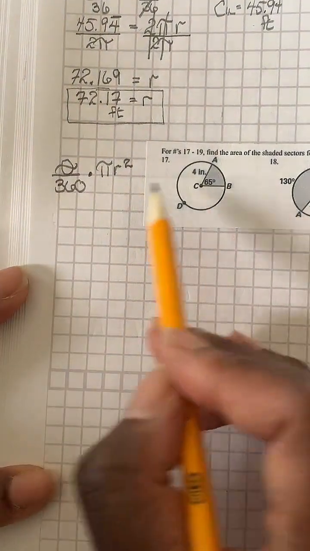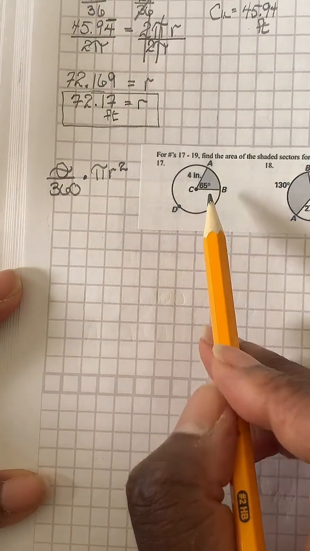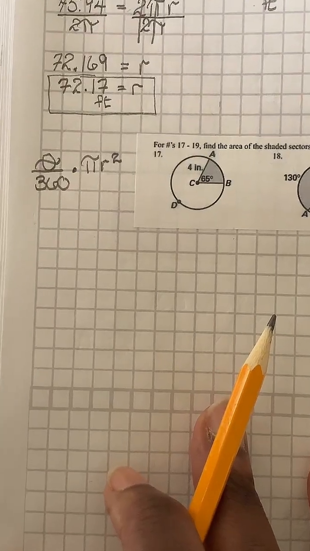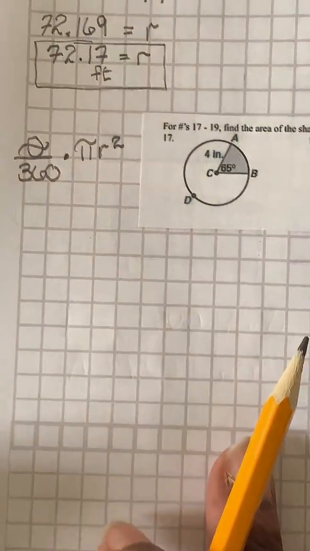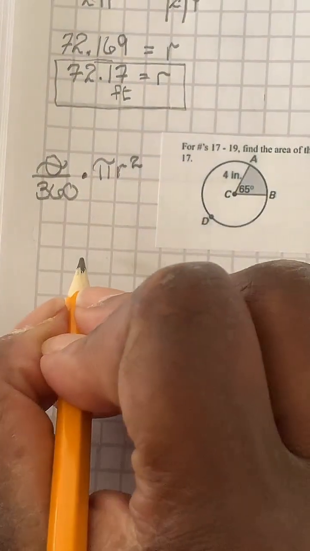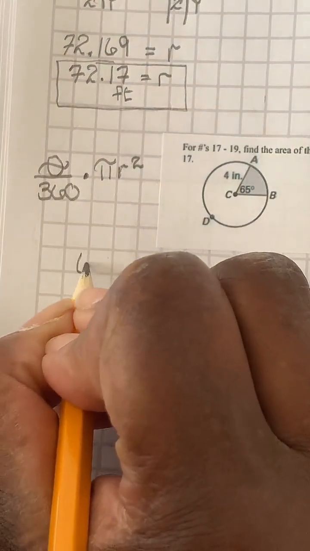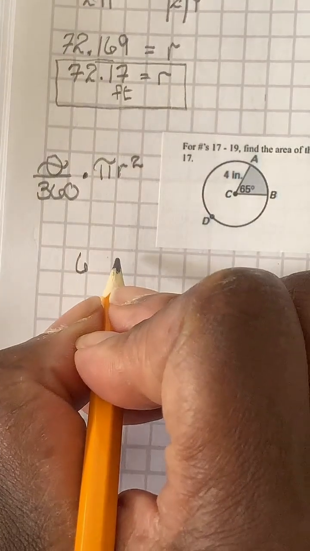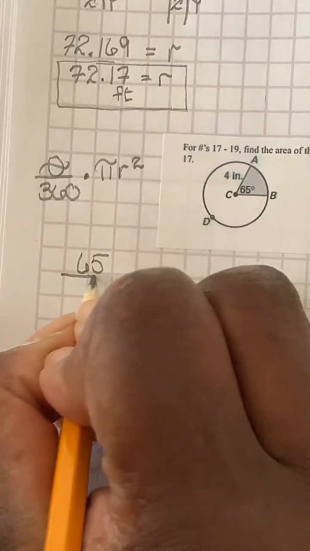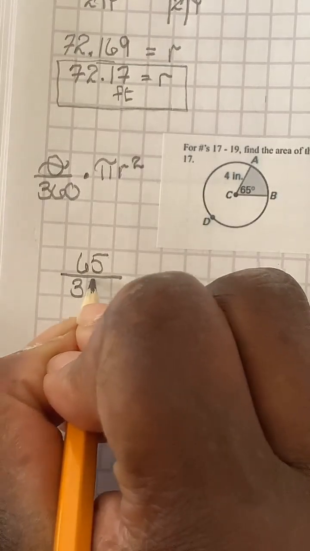They're giving me my theta, which in this case is 65 degrees. Let's see if I can zoom in just a bit so you can at least see the indentation. All right. So they're telling me that my theta is 65 degrees. So it means 65 out of the 360.